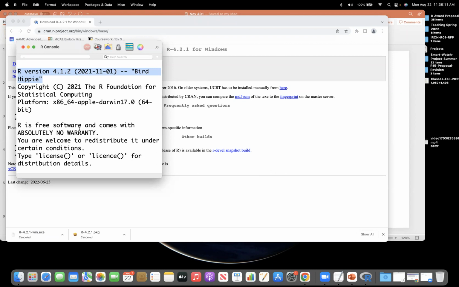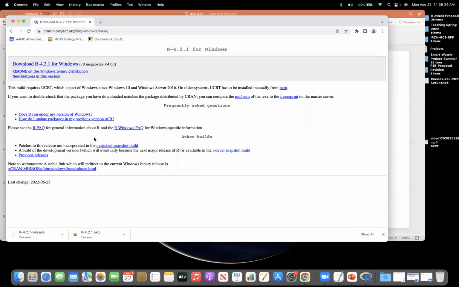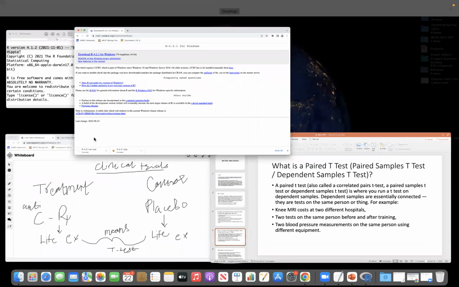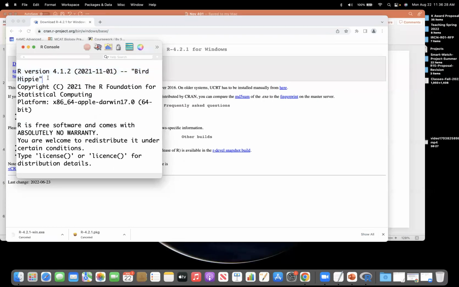That's all. I'll wait for a couple of minutes for you to install. Mine installed, but it's not 4.1.2, it's 4.2.1. I see. Okay, because I have an older version now. That's fine. Yeah, that's good. Okay, so please do this installation and let me know if you can open this R console.